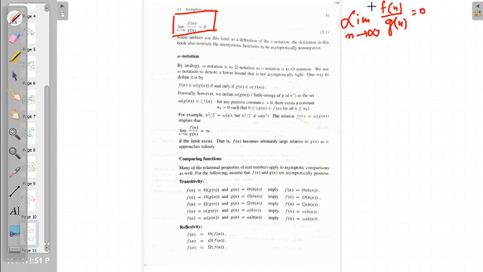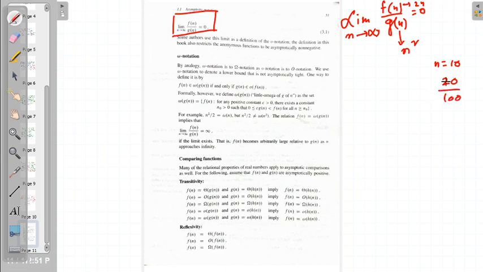In our previous example, f(n) is 2n and g(n) was n square. If I put, say, n equals 10, then f(n) will be 2 times 10, that is 20, and g(n) will be 10 times 10, that is 100.